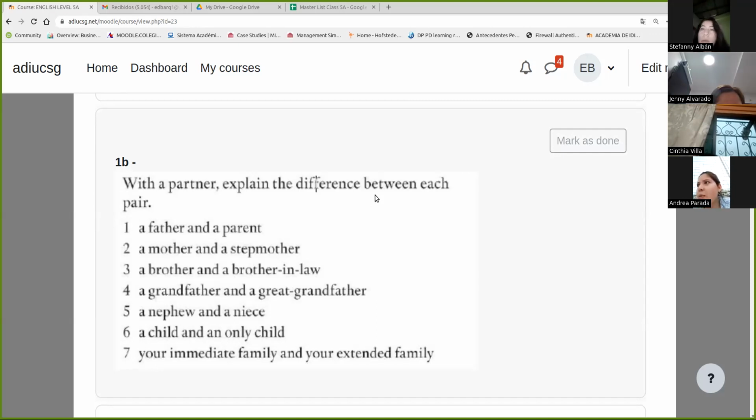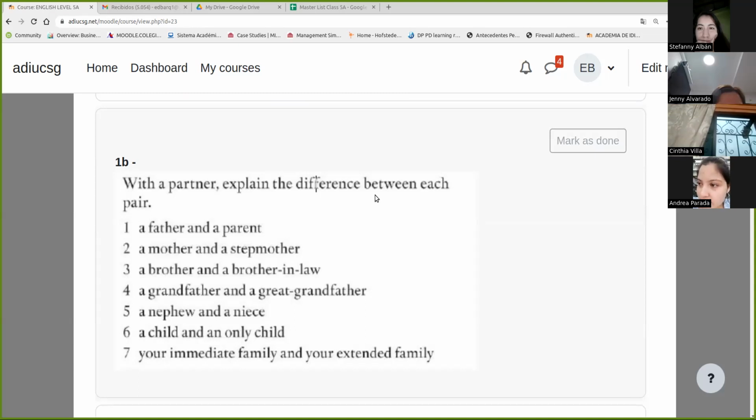A mother is when the mother, a stepmother is when a woman is married to a husband, but her husband has a son and daughter.